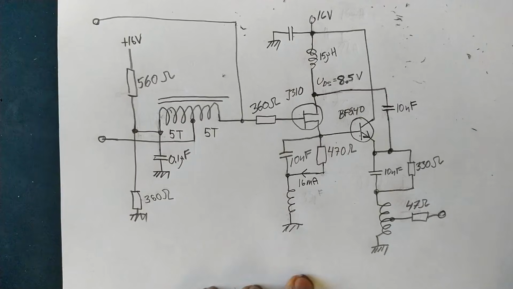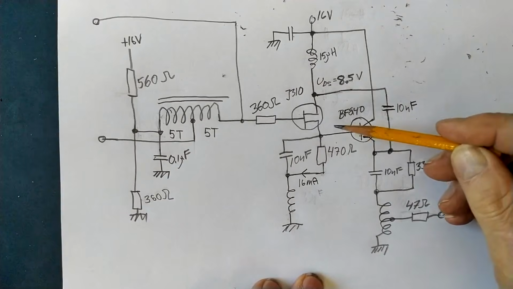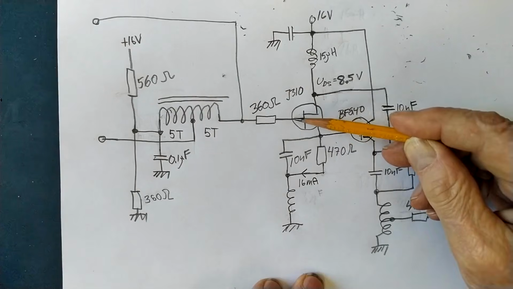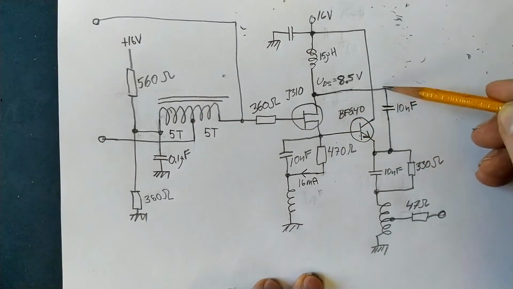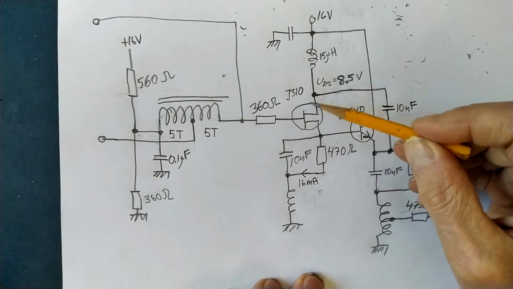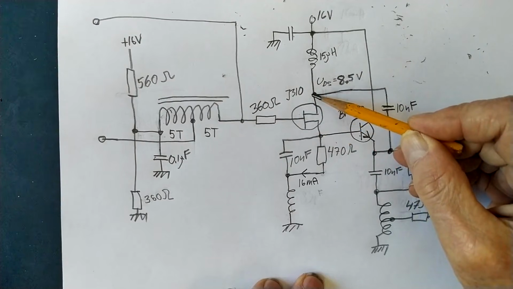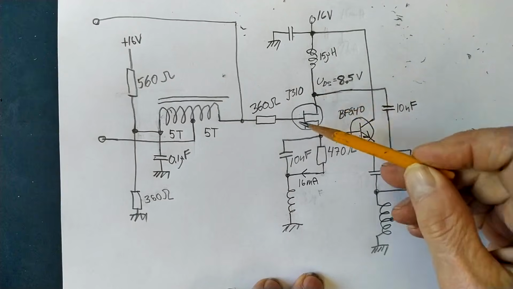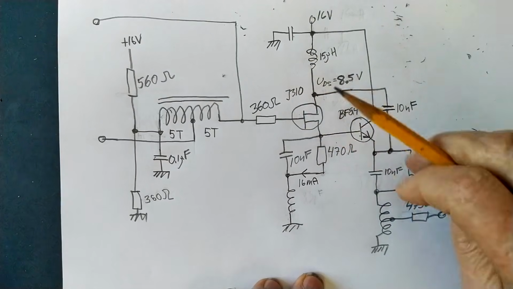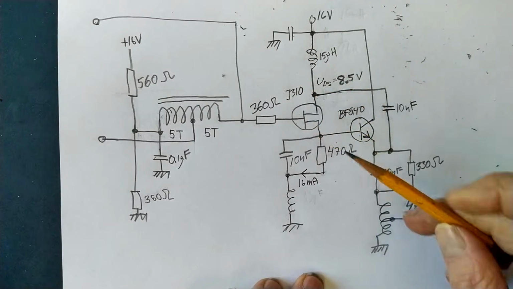I have added a Bootstrap circuit, an emitter follower that takes the source voltage from here, which follows the gate, and applies it to the drain. This means that the AC voltage between gate and drain is eliminated, and that makes the capacitance disappear, since there is no AC voltage across it.